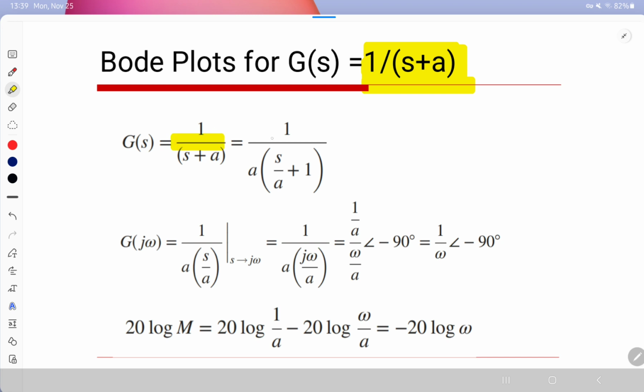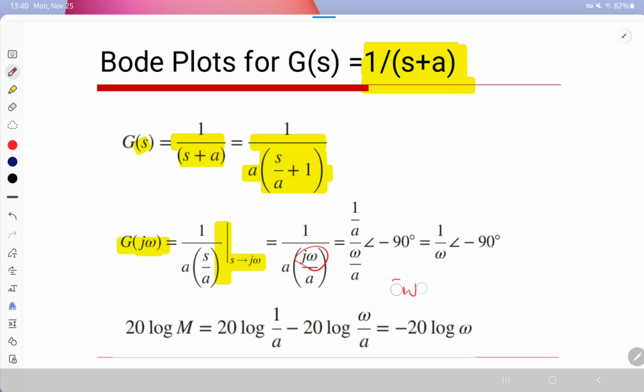So the denominator is similar to what you saw before. It is just 1 over that. So G of J omega, where you replace all the S's with J omega, is 1 over J omega plus A when the frequency J omega is much higher.